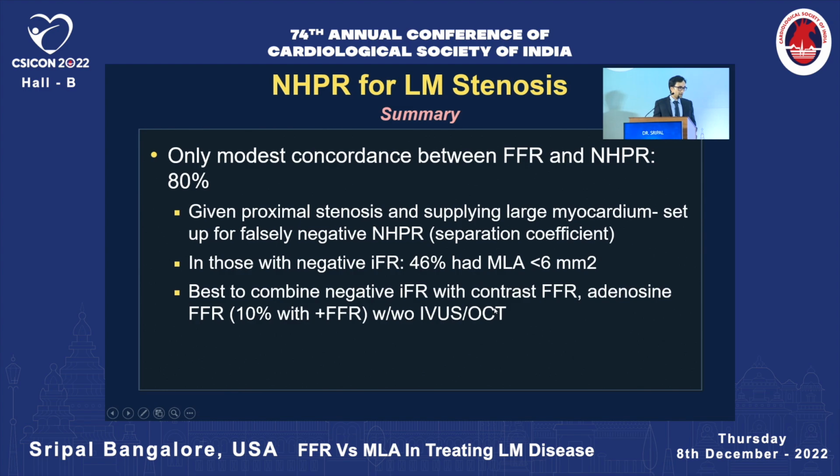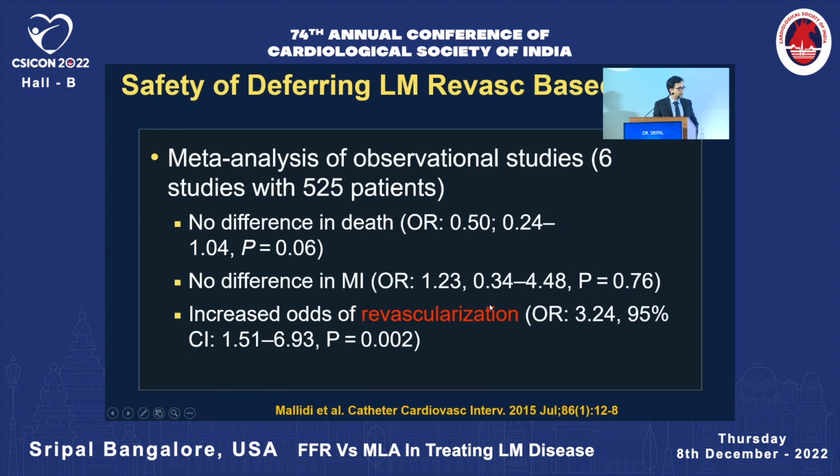In those with negative iFR, 46% had an MLA less than 6. I must say that it's nothing to do with just left main disease alone. If you have a proximal stenosis and the non-hyperemic pressure ratio is negative, I typically follow that with at least a contrast FFR. You have the wire there, it's easy to administer contrast. At least do a contrast FFR, adenosine FFR.